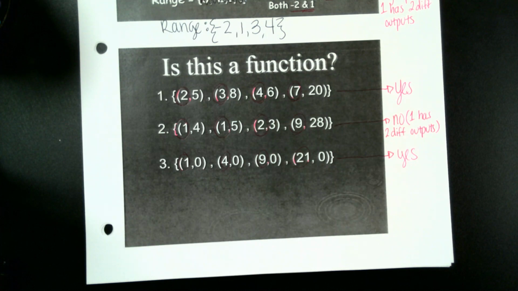If they repeat, look at your y's to figure out. I think you have it backwards. Remember, if they don't repeat, it's a yes. Yeah. If they don't repeat, it's automatically a yes.